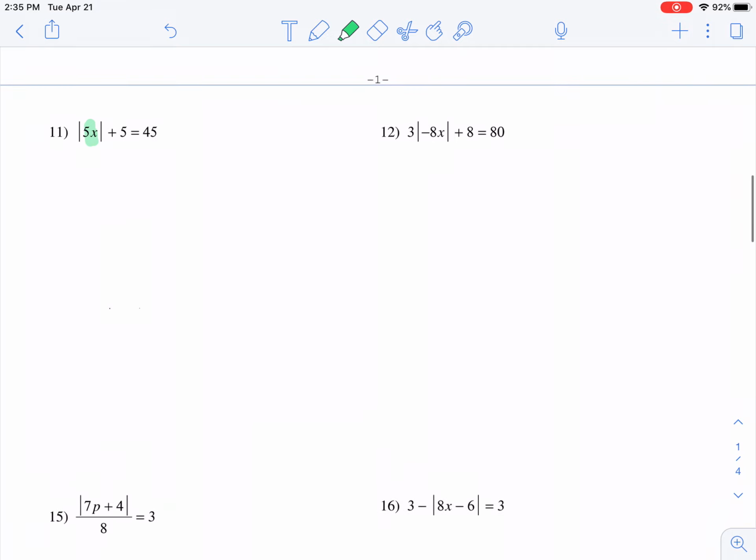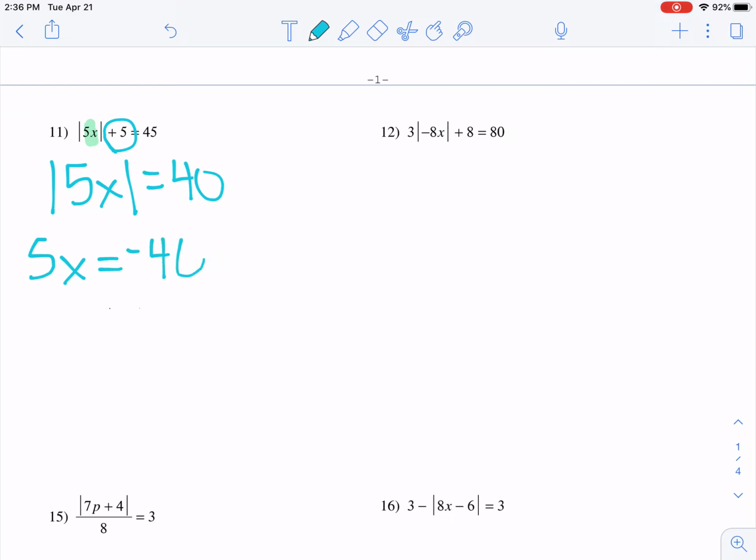So I need to get rid of this 5 first, and by doing that, I would just subtract it from both sides. So I'd have the absolute value of 5x equals 40. Then I would have 5x equals negative 40 and 5x equals positive 40. So x equals negative 8 and positive 8.